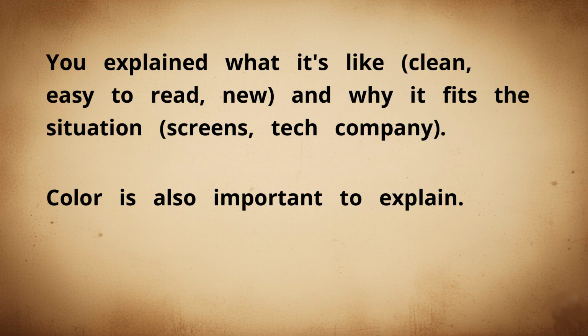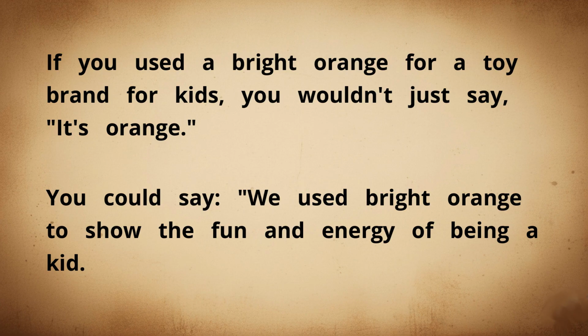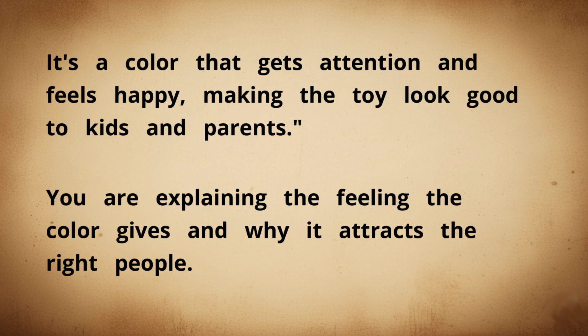Color is also important to explain. If you used a bright orange for a toy brand for kids, you wouldn't just say, "It's orange." You could say, "We used bright orange to show the fun and energy of being a kid." It's a color that gets attention and feels happy, making the toy look good to kids and parents. You are explaining the feeling the color gives and why it attracts the right people.